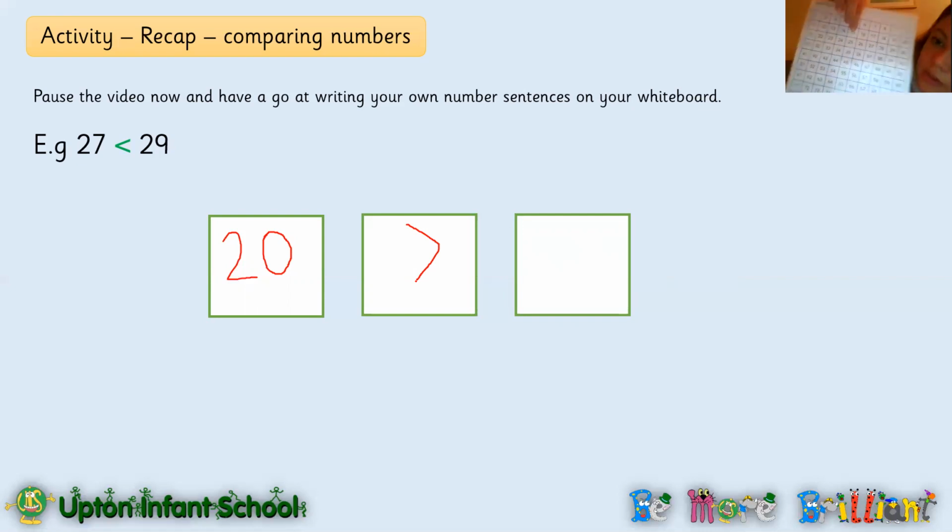I could say 15. So let's draw 15. So 20 is more than 15. That's right, isn't it? So have a good go, pause the video now and see if you can come up with some of your own sentences on your whiteboard. But don't go any bigger than 50. We're just doing numbers up to 50.